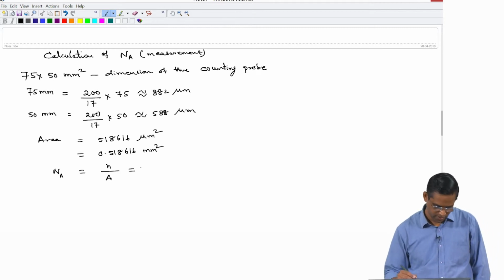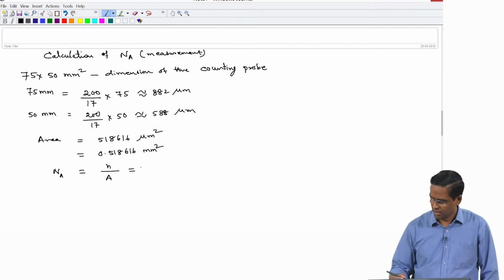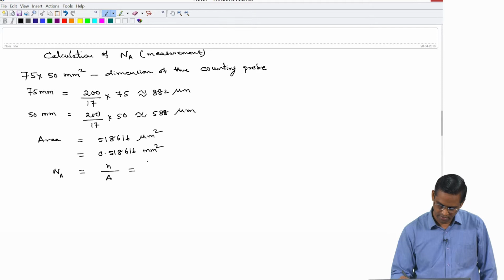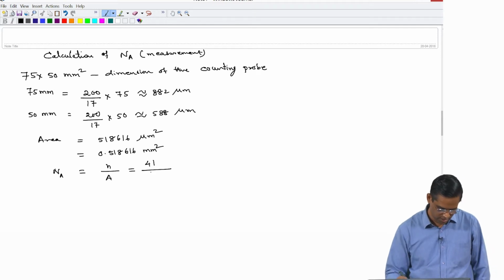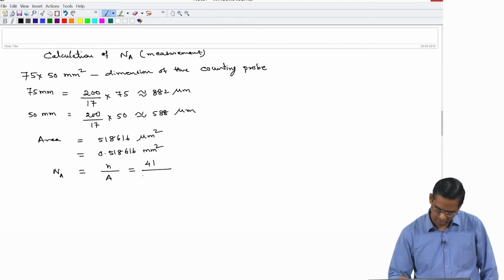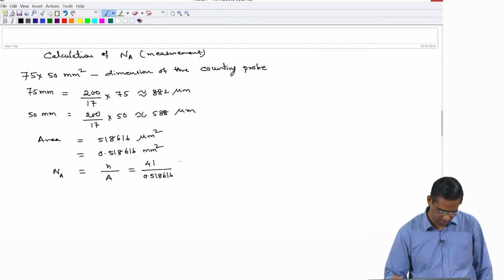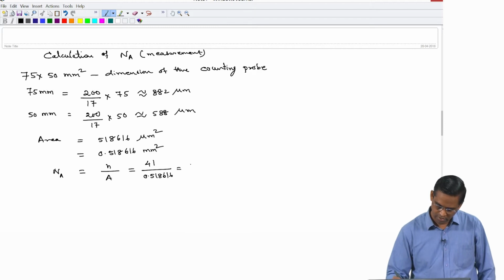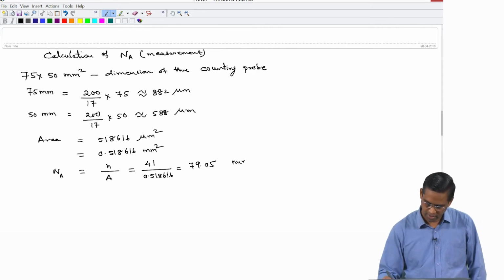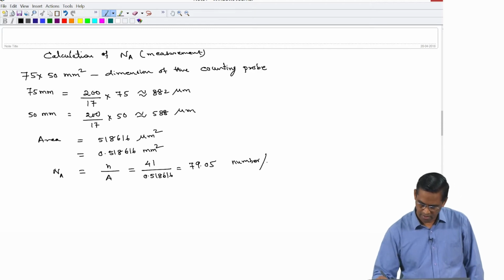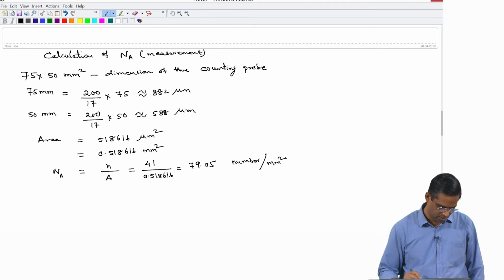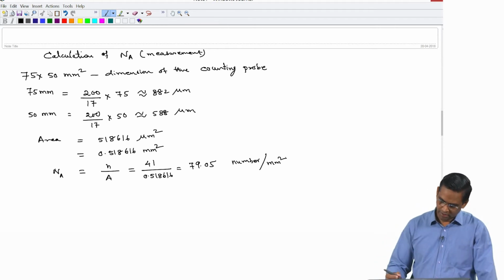So, in our first event, which I have calculated earlier, the first data point is 41 and the area is, so I will use mm, 518616, which is 79.05, which is number per mm square. So, number per unit area. So, this is when I use mm square.